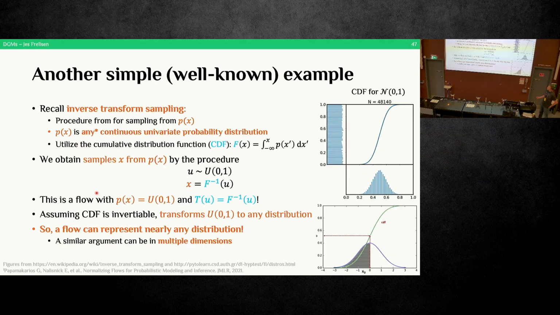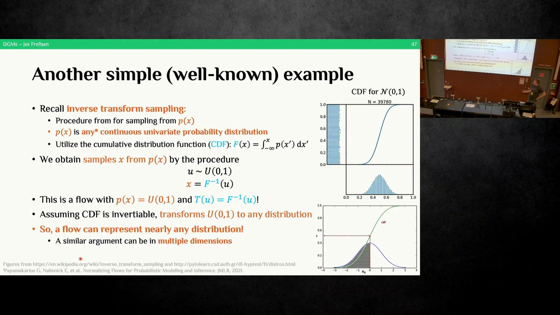And if we assume that the CDF is invertible, then we can actually transform a uniform distribution to any distribution that has an invertible CDF. So this actually tells us that a flow can represent nearly any distribution. Because as long as the CDF is invertible, then in the one-dimensional case we can take and transform a uniform distribution to whatever distribution we specified a CDF for.